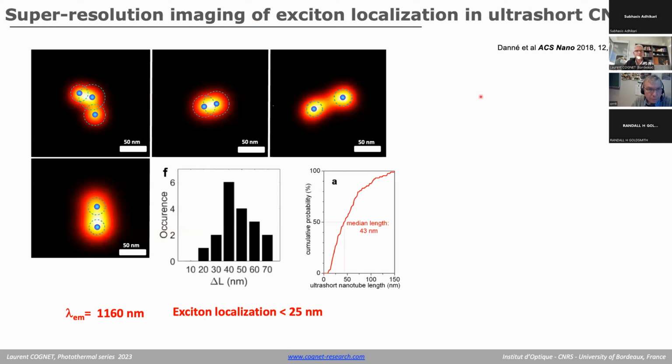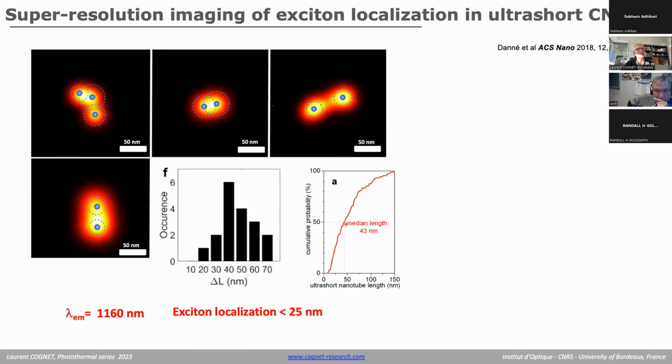And so coming back to the ultra-short carbon nanotubes, we adapted this method to them, and now pay attention to the scale bar. This is 50 nanometers here, and you see that we were able to really localize the emission centers on a single carbon nanotube. When we looked at the distance between the different emission centers, the distribution is around 40 nanometers, and 40 nanometers is the distribution of length of these carbon nanotubes.